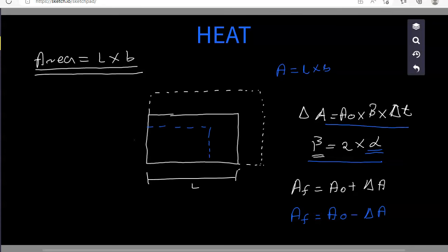So if you're given the length and the breadth, before you perform calculations, calculate for your area. Don't come and put the length here alone or the breadth alone. Calculate for the area, and then by the time you get here, this is the original area.